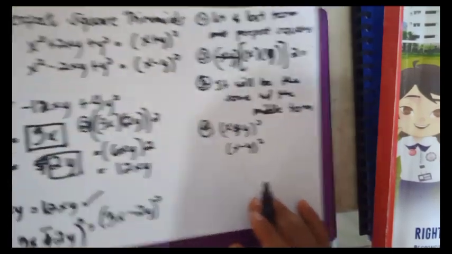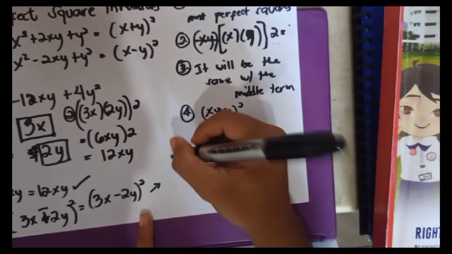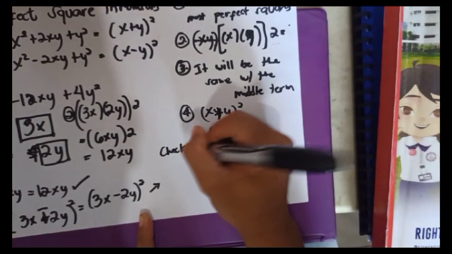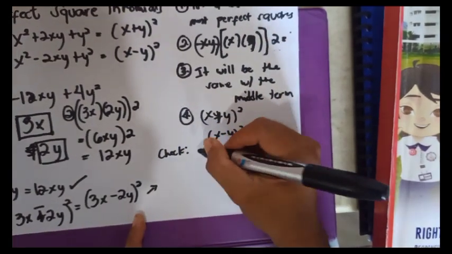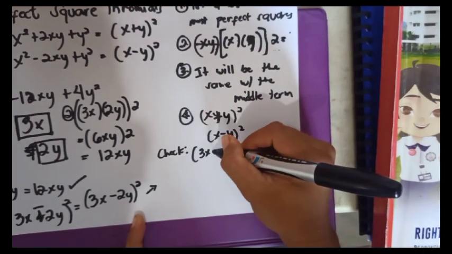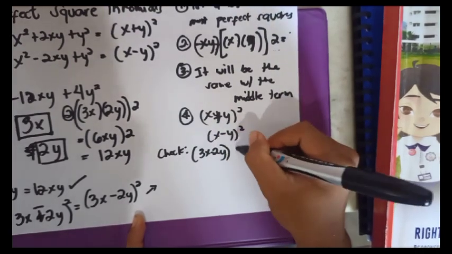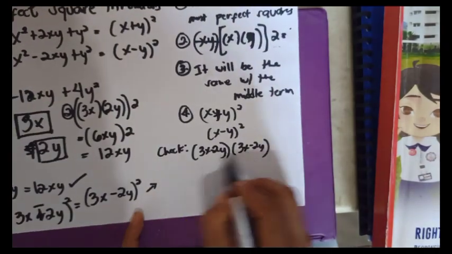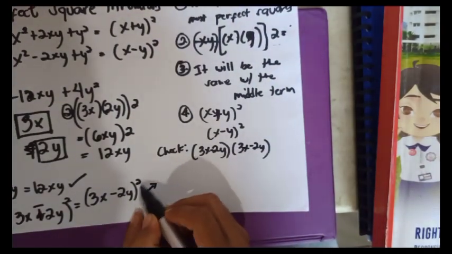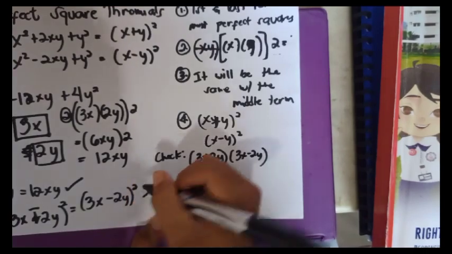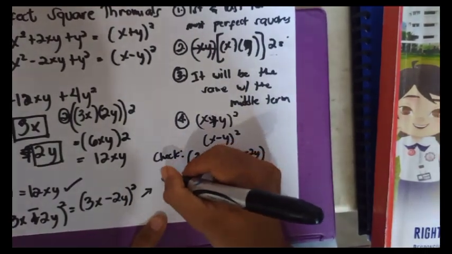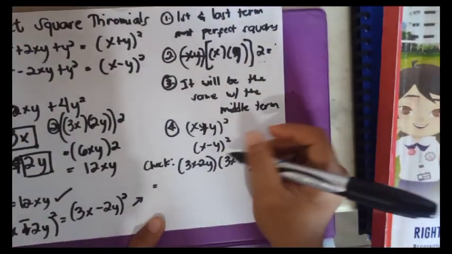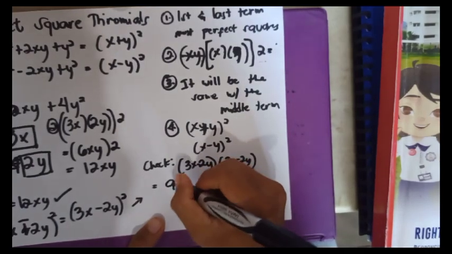Okay. Now, let's try to check. Okay, check. 3x minus 2y times 3x minus 2y. Okay, this is the same as this, this is squared now. Okay, let's use the FOIL method. First term, 9x squared.